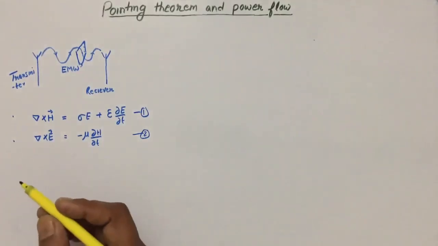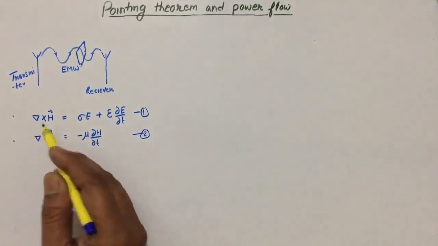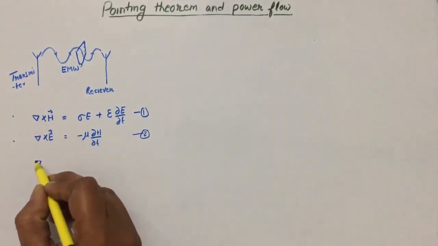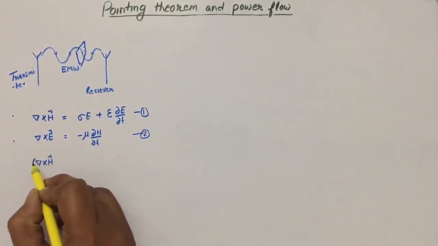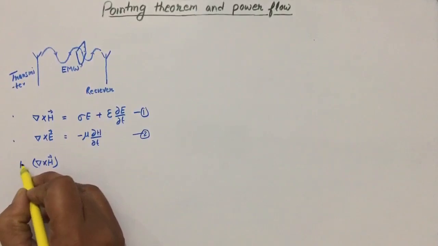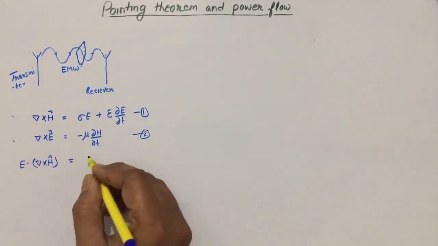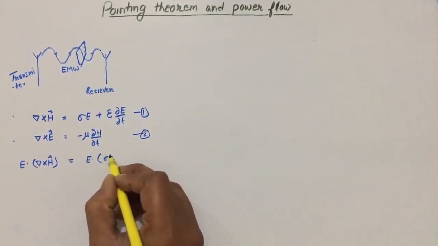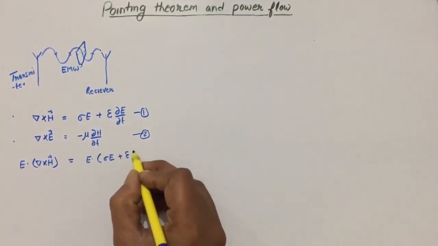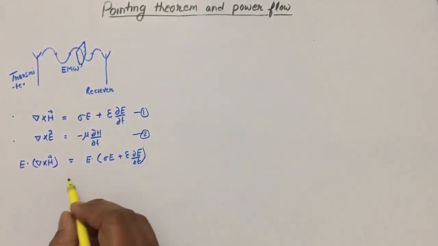So for that purpose, let us do some mathematical modifications. Let us do E dot the first equation. Similarly, E dot sigma E plus epsilon del E over del t will be there.